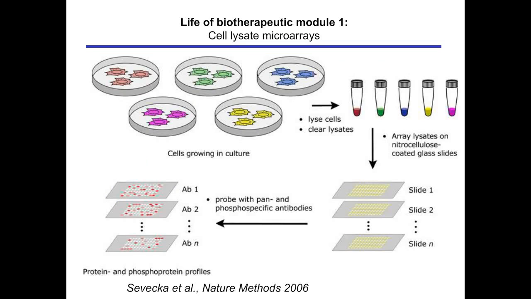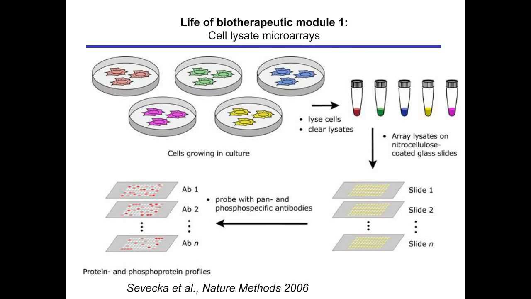So the first method I'll talk about here, the cell lysate microarrays, were described in the early 2000s and subsequently evolved a bit in the mid-2000s. And here I'm showing work from Sevecka et al. that they described in Nature Methods.